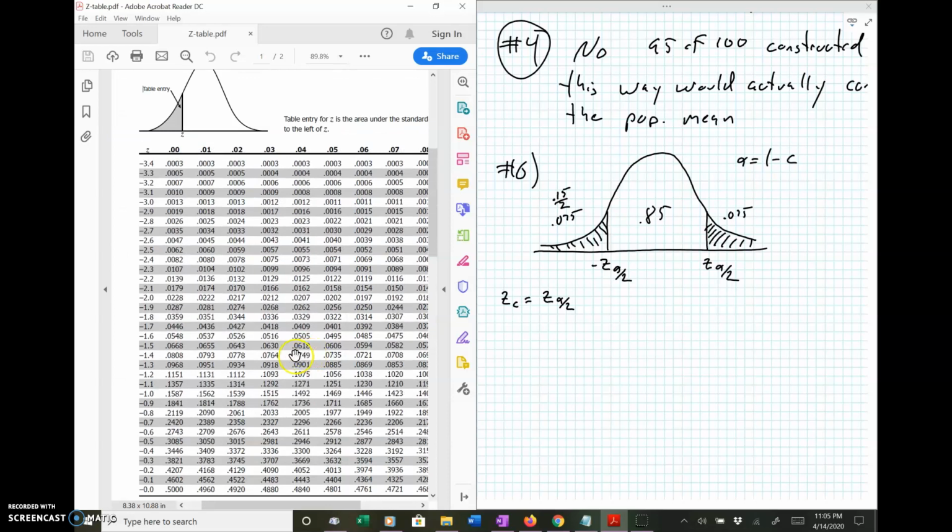And let's see what that is, negative 1.44. Actually, I should just use the positive on that. We always just assume the positive value. So we got 1.44 for the positive, negative 1.44 for the negative.